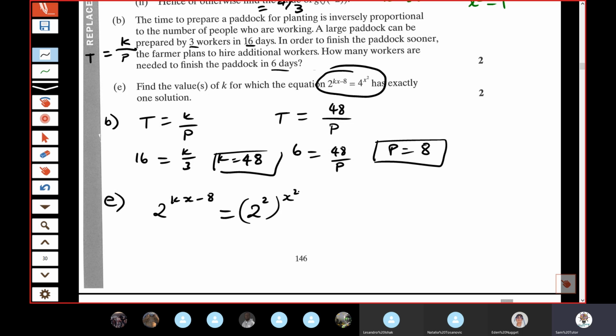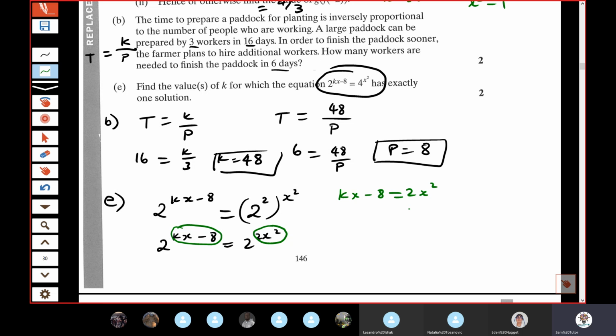You have to make the bases the same. Once your bases are the same, we multiply the powers. So kx take away 8 equals 2x squared.